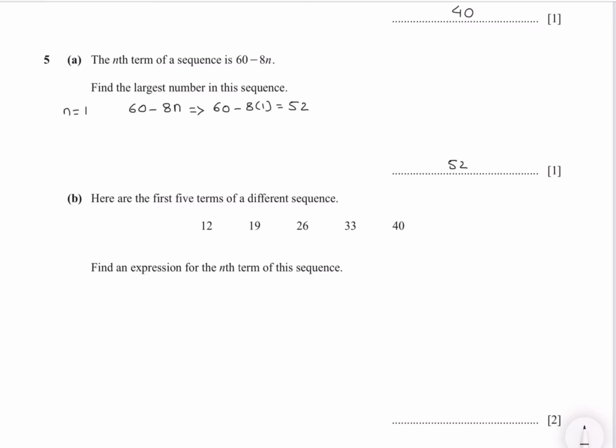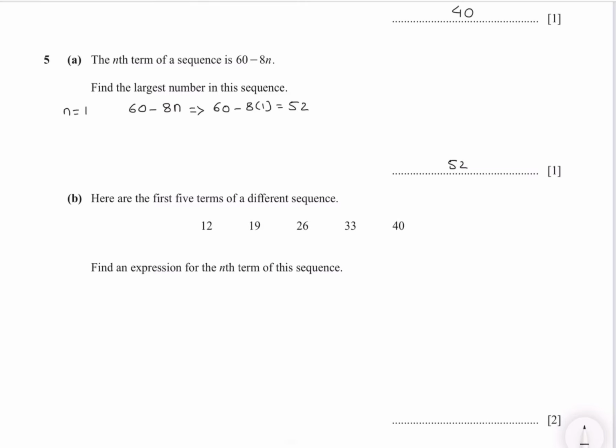If you notice on your rough working, you can place n equal to 2, and when you solve, the value would be lesser than 52 because 8n is subtracted from 60. So this would be your largest number in this sequence when you place n equal to 1.